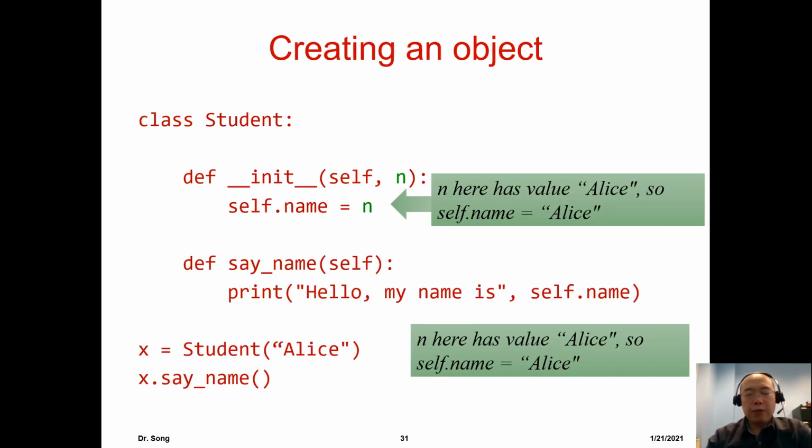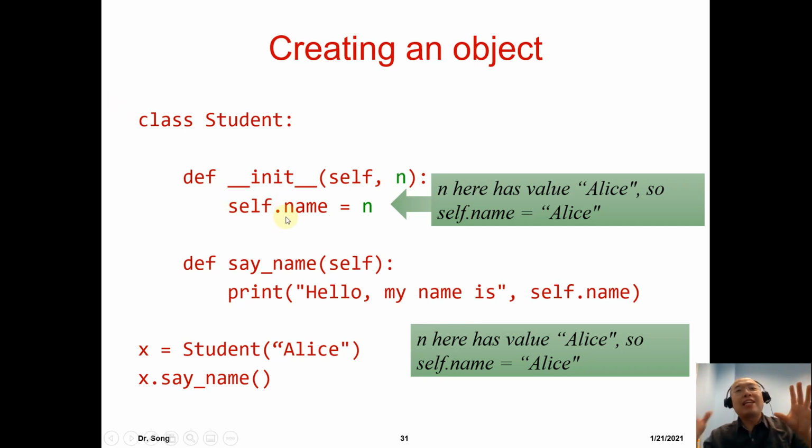Okay, if you want to create an object, first you use the constructor. In the constructor, the first parameter is self, of course, and the second parameter is n. Inside the constructor, you say self.name equals n. This means when the constructor is triggered, a parameter will be sent into the constructor, and we assign this n to self.name.